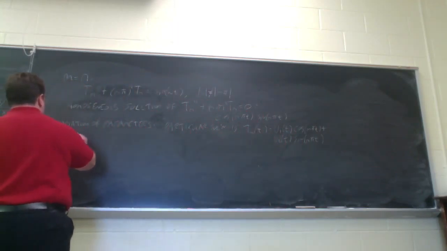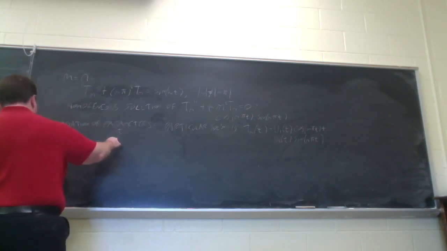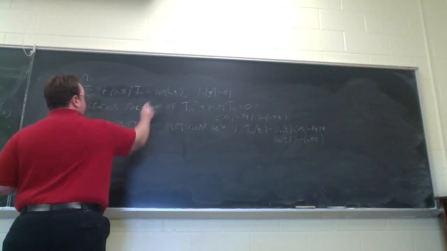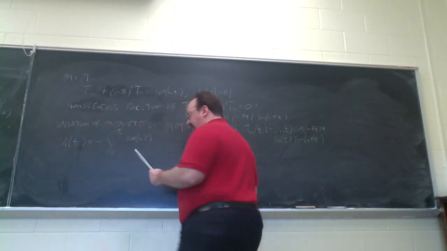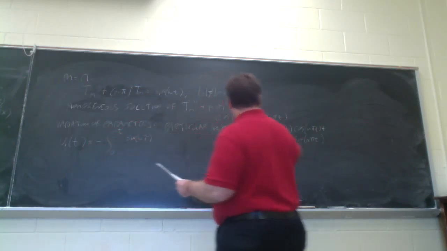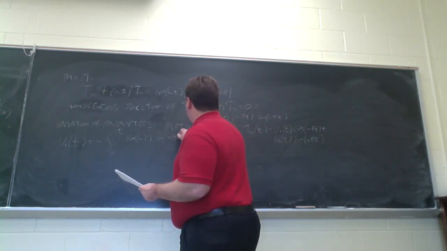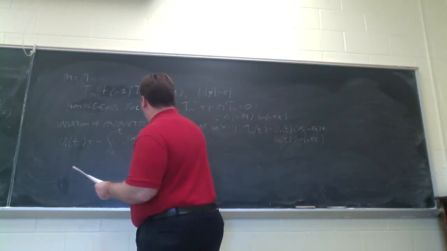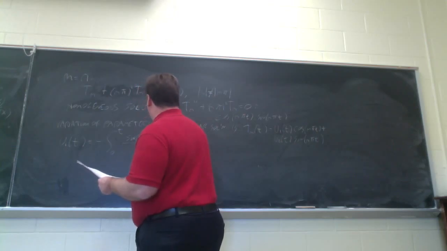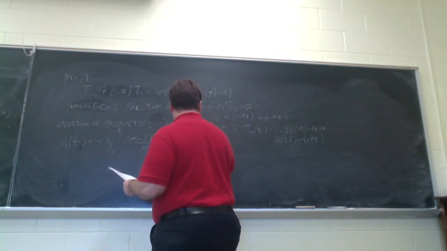So u1 of t is minus the integral from 0 to t of our source term sine omega tau, because I'm going to integrate with respect to tau, and then our second solution, sine of m pi tau, over m pi. m pi happens to be the Wronskian of our two solutions, cosine of m pi t and sine of m pi t.